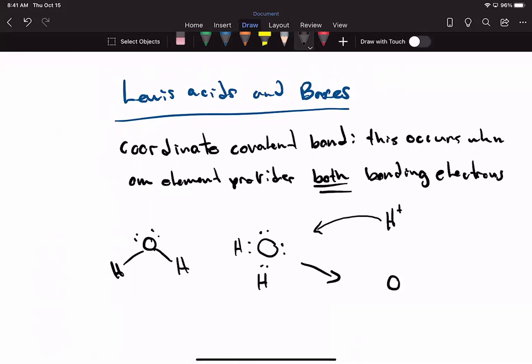We get, let's put it over here, where this element, oxygen, provided both of the bonding electrons in order to make that bond. So this is what we consider a coordinate covalent bond.